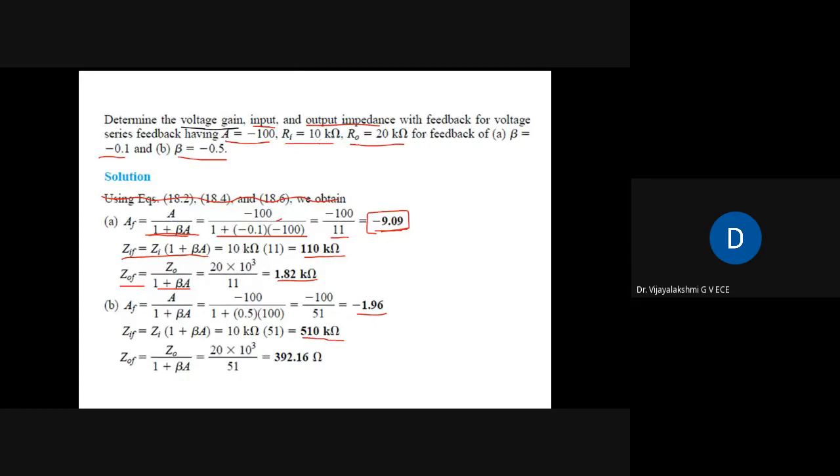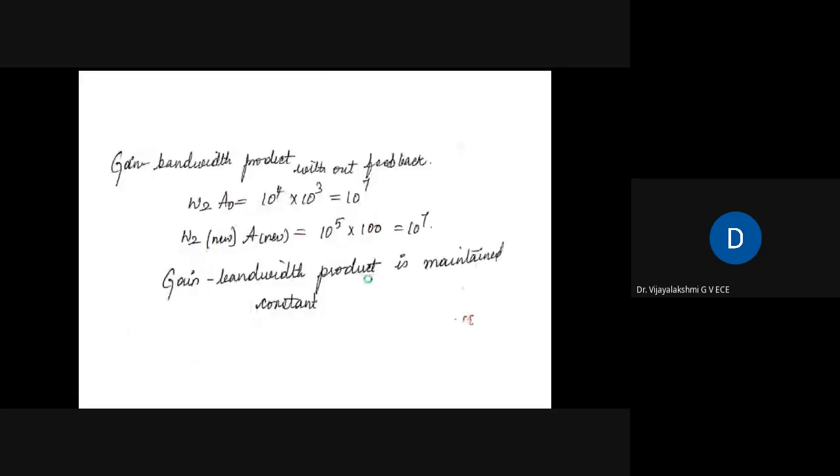R0 was 20 kilo ohm, now it is 392.16 ohms, just ohms. So it has come down. Okay, the rest is you have some more problems. I'll be doing those problems in the next class.